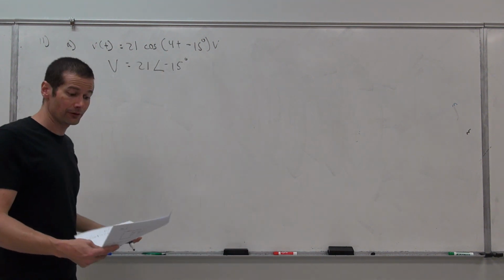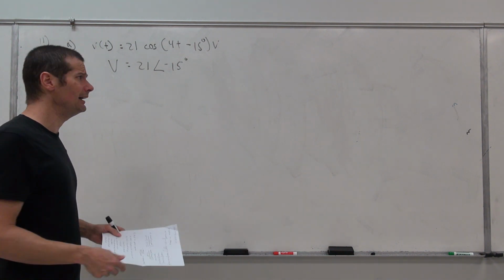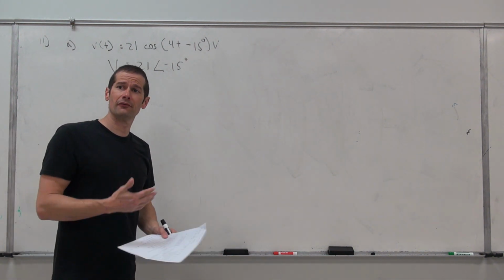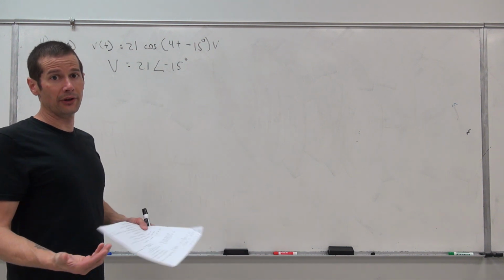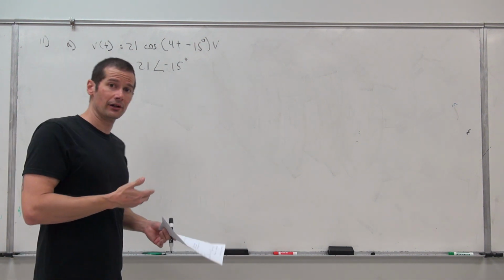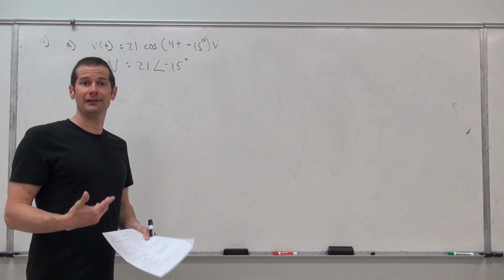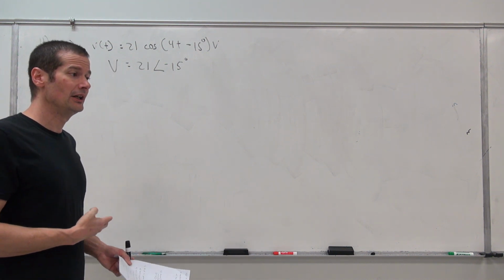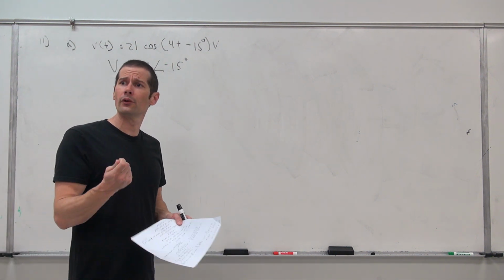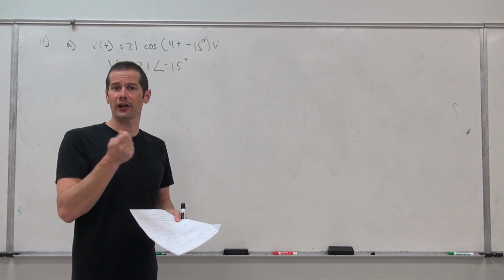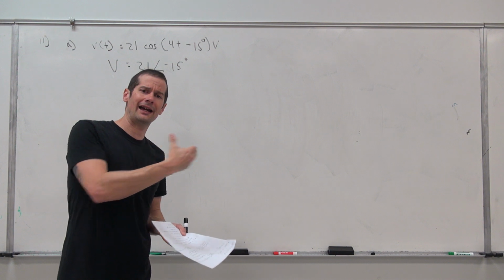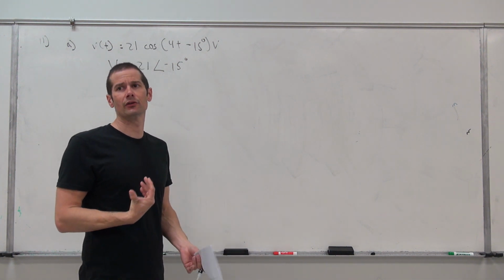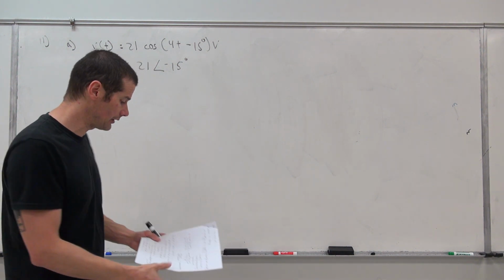of negative 15 degrees. Now, how do we actually deal with converting sines to cosines? Well, we all know that cosine and sine are separated by essentially 90 degrees. And depending on whether the sine is negative or positive, that determines whether we add 90 degrees or subtract 90 degrees once we've converted it into a cosine.